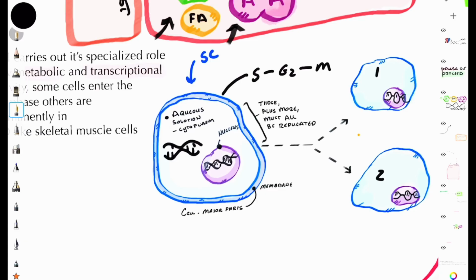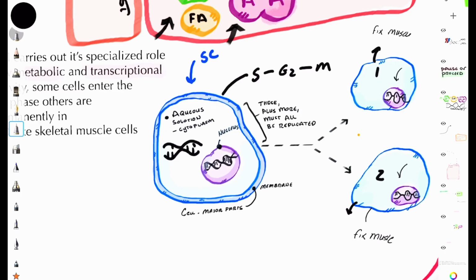And if the DNA is damaged, daughter cell 1 and daughter cell 2, they can't perform their jobs. So they can't fix muscle because the genetic information is damaged. So this one can't fix muscle either. So now we can't have repair of muscle tissue, and that's problematic.